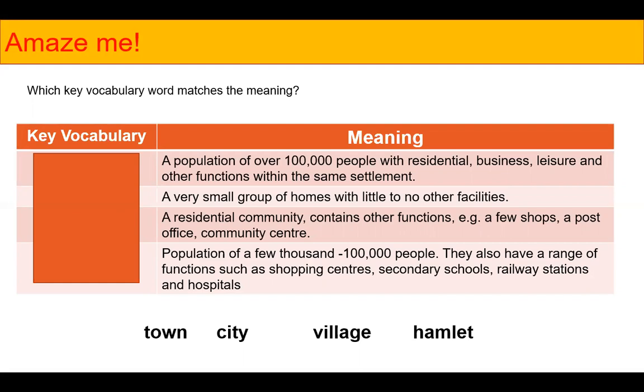Which settlement is a residential community containing other functions such as shops, post office, and community centre? And finally, which settlement has a population of a few thousand to 100,000 people? They also have a range of services, including shopping centres, secondary schools, railway stations, and hospitals. I'll give you about 10 seconds to have a think about that, or you can pause the video to get your answers, and I'll give you the answers in a couple of seconds. Pause the video.